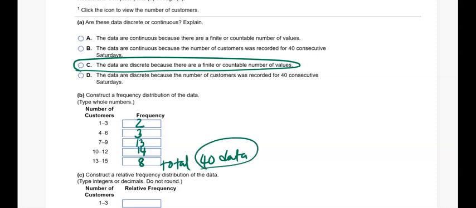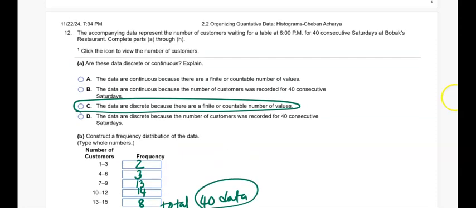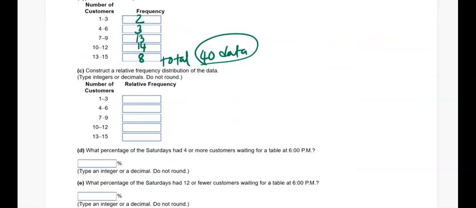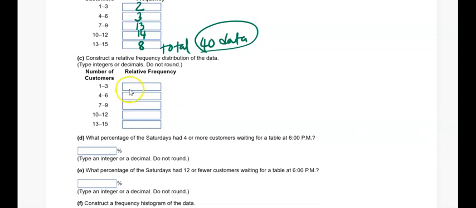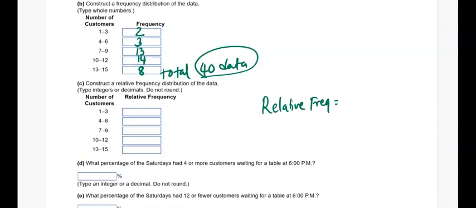Somebody looked at the number of customers waiting for a table at 6 p.m. for 40 consecutive Saturdays, so there are 40 data values there. Now the relative frequency. To find the relative frequency, you divide the frequency by the total number of frequencies.